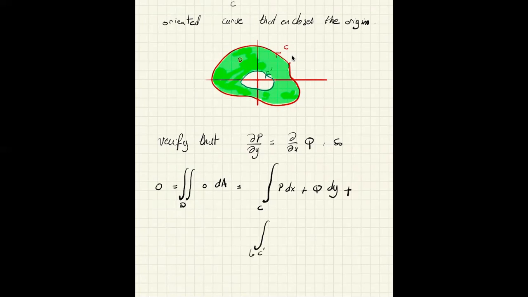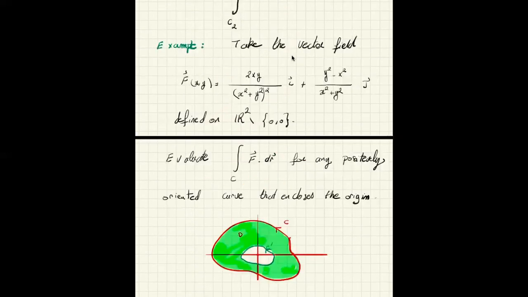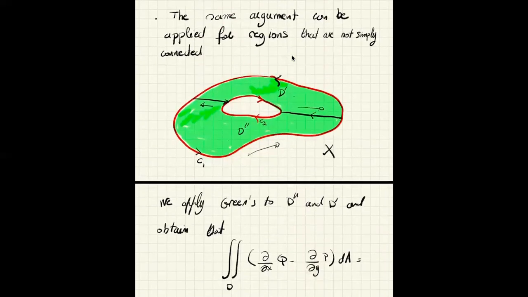I did it because of the following reason. Please be careful here. The orientation I gave here is our convention: counterclockwise traversal of the curve. That's always, for simple curves, what we do. Now for the proof that Green's theorem applies for this kind of region, you have to go clockwise inside if you want to apply it properly.